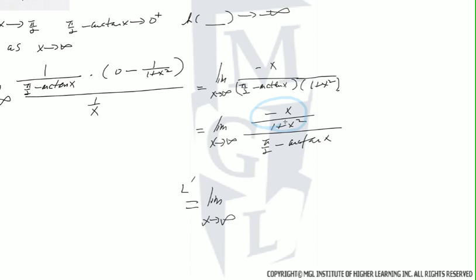So the top will be quotient rule. You differentiate the top, you get minus 1 plus x squared, minus, leave the top alone, and differentiate the bottom, you get 2x, all over 1 plus x squared squared.